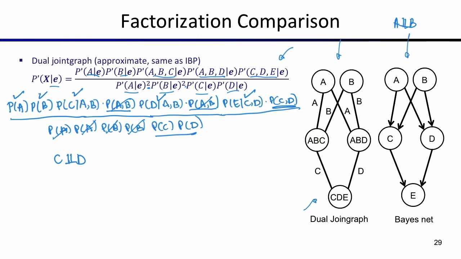So we see here C and D, they are not independent. In order to make them independent, we need to observe A and B. So the correct independence assumption is that C is independent of D given A and B. So this should not be the correct distribution for our problem, but we can still use it to approximate answers for our queries.